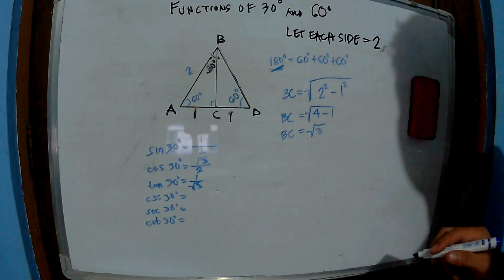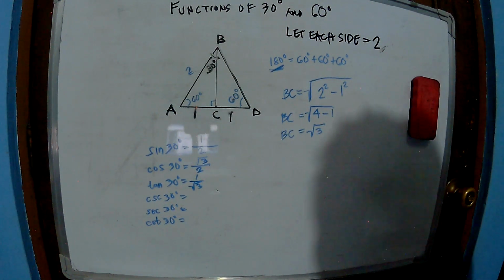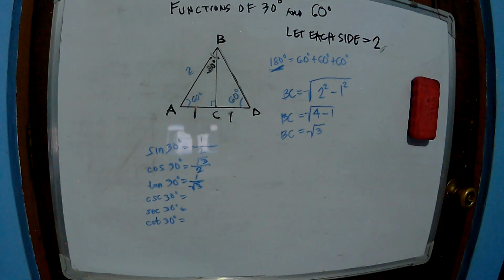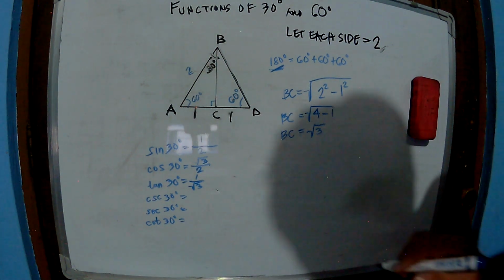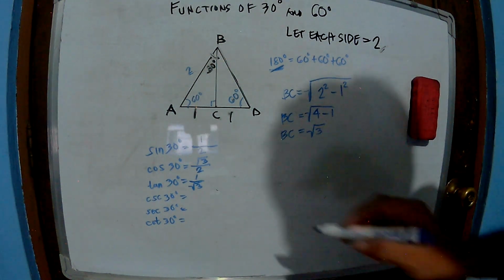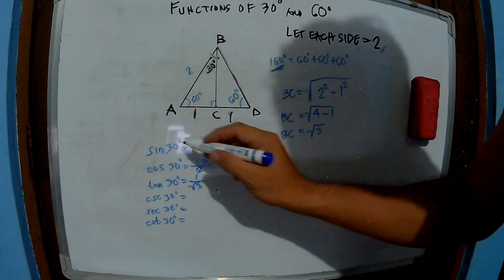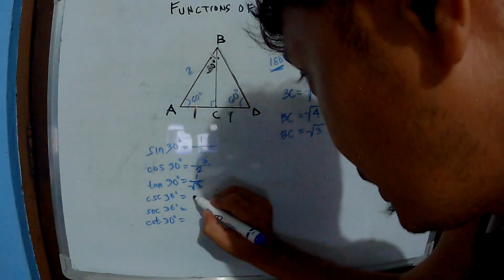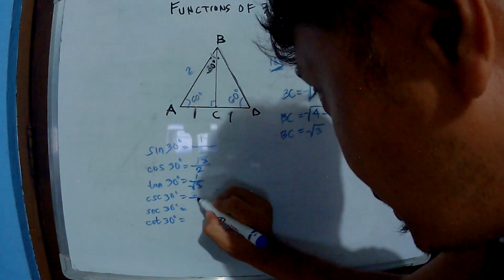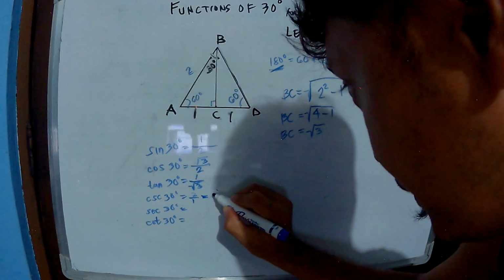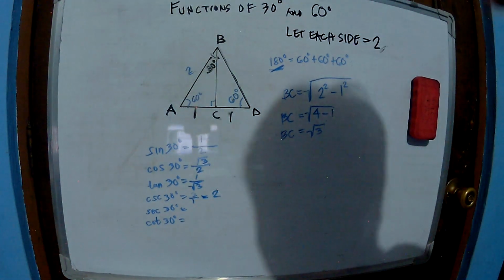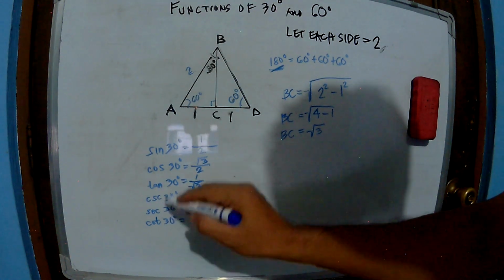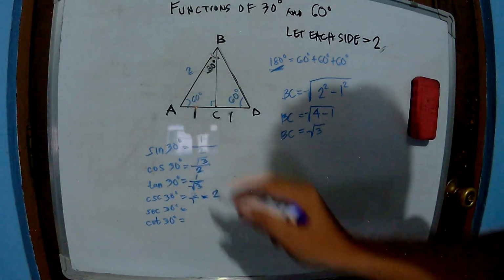For cosecant, that will be the reciprocal of sine. So that will be 2 over 1 or 2. For secant, that will be the reciprocal of cosine.